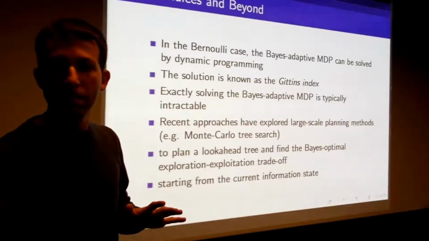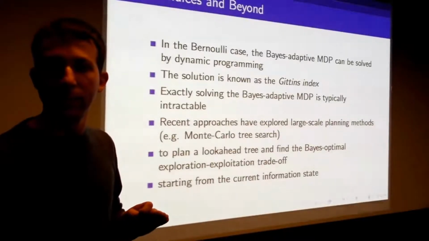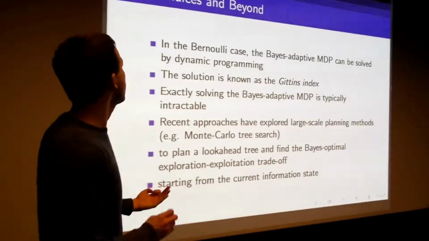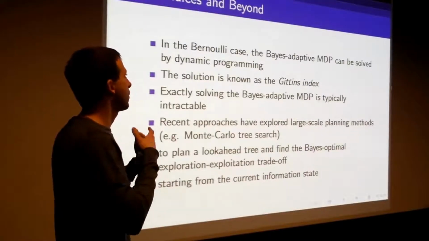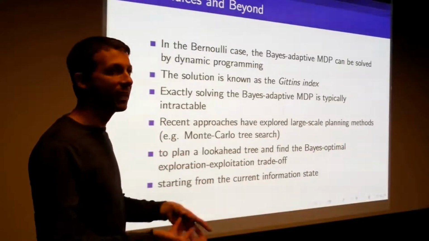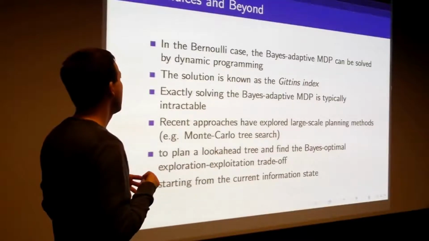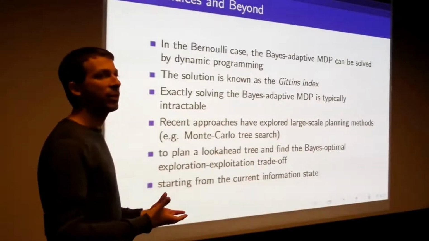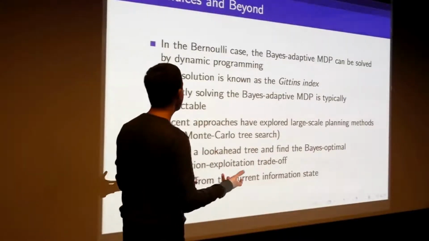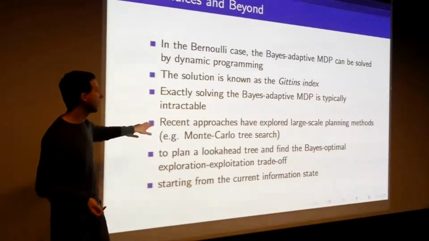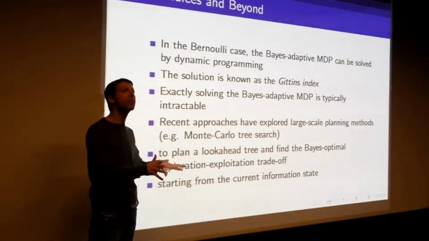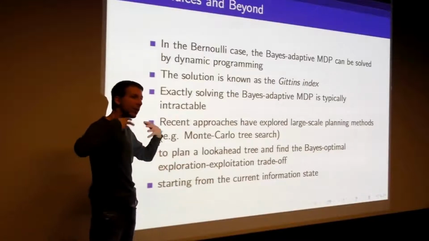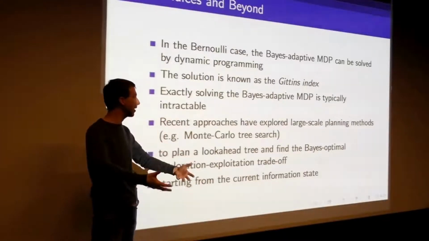Okay. So the exact solution to this problem can be computed by dynamic programming. It's known as the Gittins index. But it's also possible to find this in a more tractable way. For example, we use Monte Carlo tree search to come up with a very tractable approach to this very large information state space search.